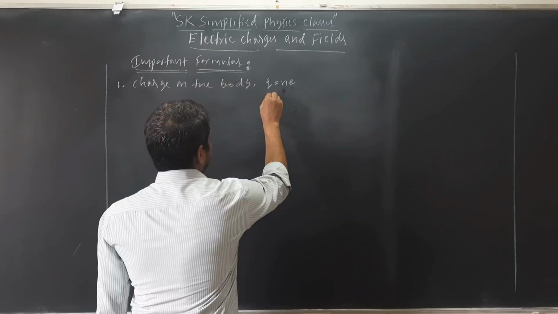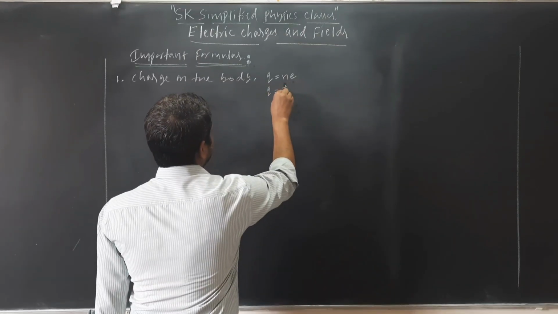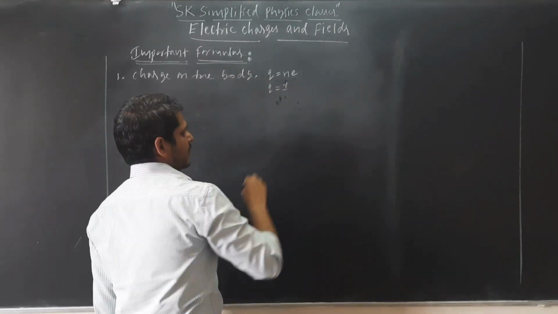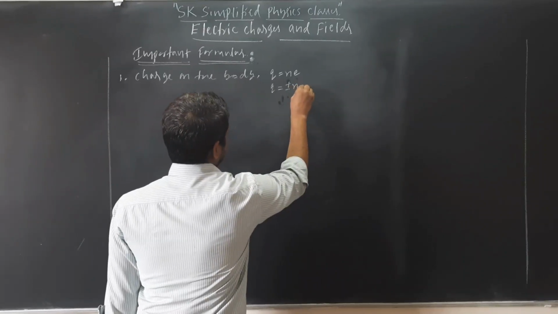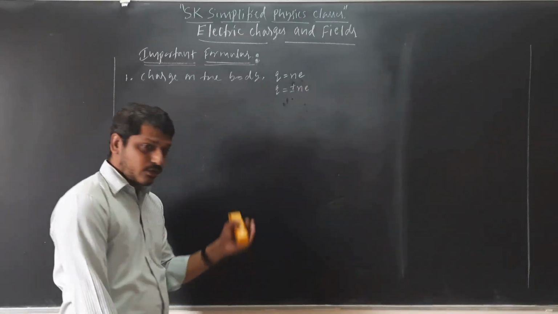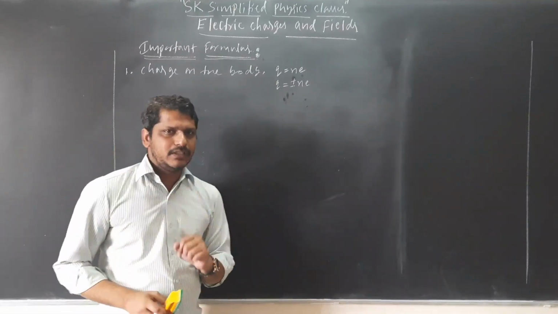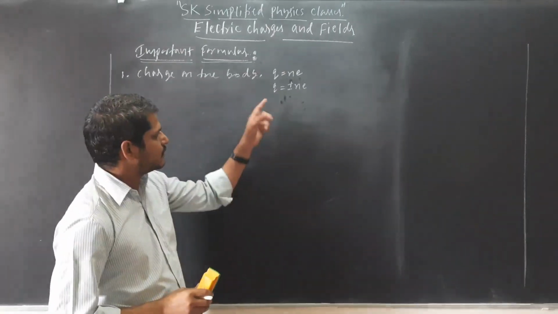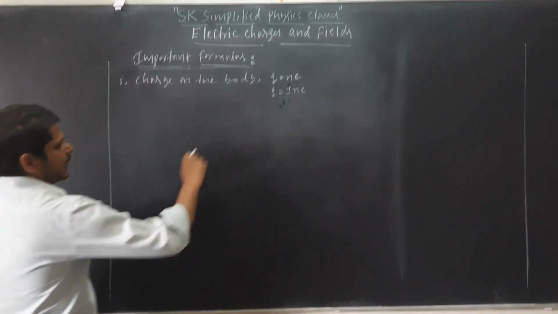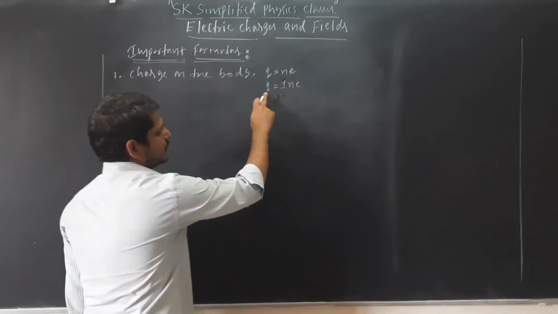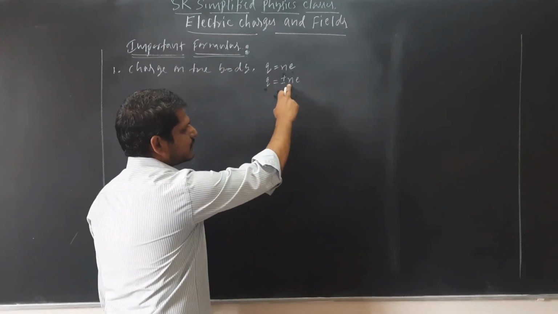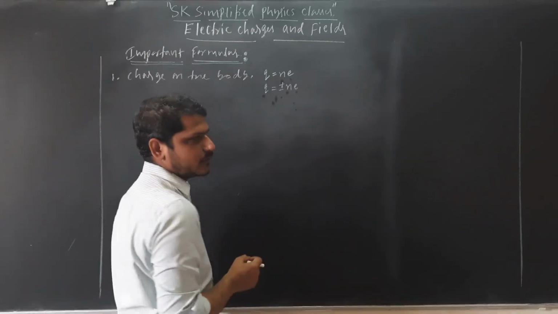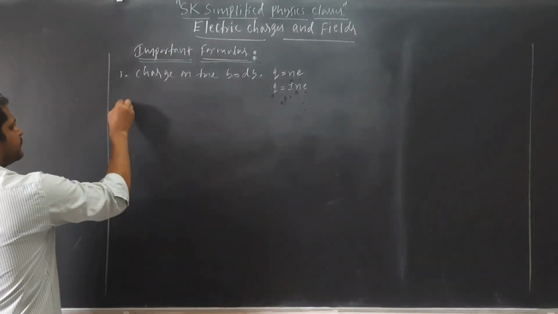It may be a positive charge or negative charge, therefore we can use plus or minus N into E. We may expect one simple problem in theory also, in a 1 mark question. Here Q is the total charge of the body, N is the number of charges, and E is the magnitude of each charge.